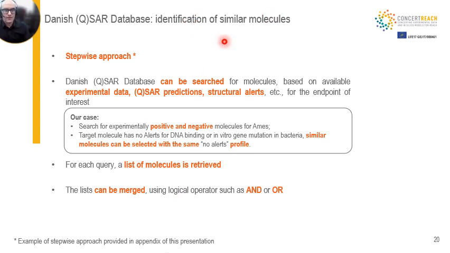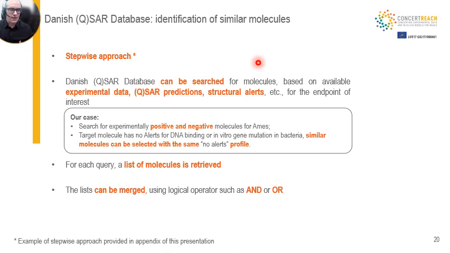Now, for identifying the similar molecules, the DanishQSAR database does not provide this information automatically, but as mentioned, it includes tools for doing this, and it's a kind of stepwise approach. So the DanishQSAR database can be searched for molecules based on available experimental data, QSAR prediction, structural alert, etc. In our case, for example, we are interested in identifying both positive and negative molecules for Ames, so based on experimental data.